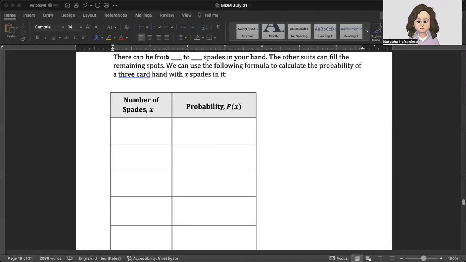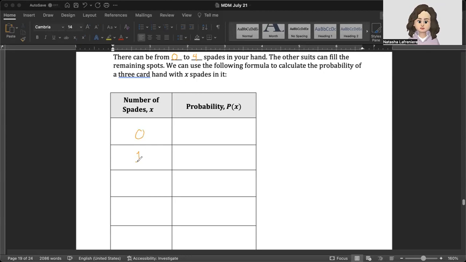There can be from 0 to 4 spades in your hand, right? There are 4 possible spades. The other suits can fill the remaining spots. We can use the following formula to create the probability of a 4-card hand with X spades in it.